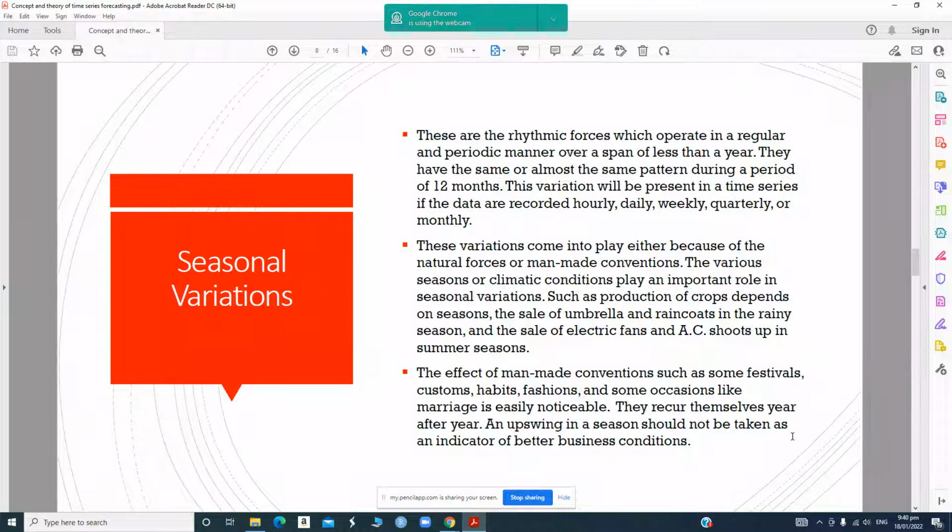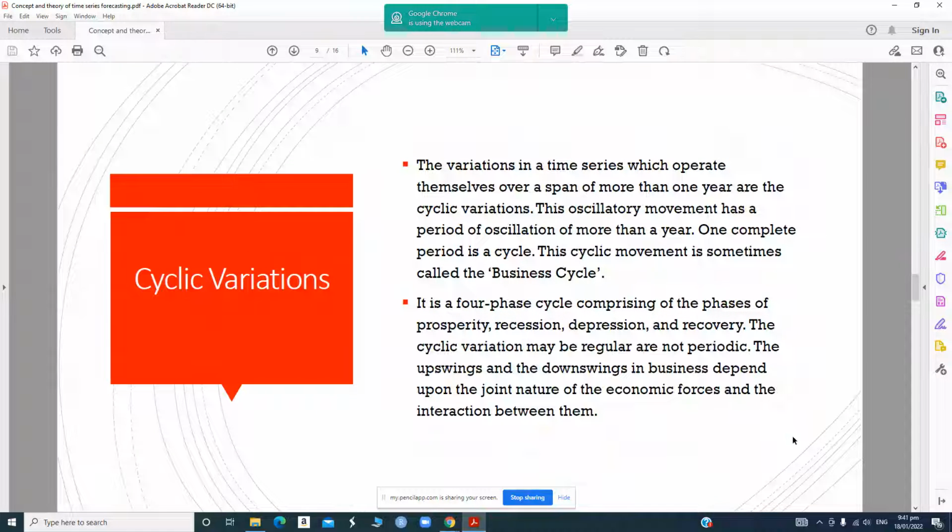The sales of umbrellas, raincoats, and several other winter clothes depend on the season. We have the sales of electric fans and AC also that usually go up during summer. And we have some man-made forces such as festivals, custom, habits, fashions, and several occasions that usually dictate seasonal variation.